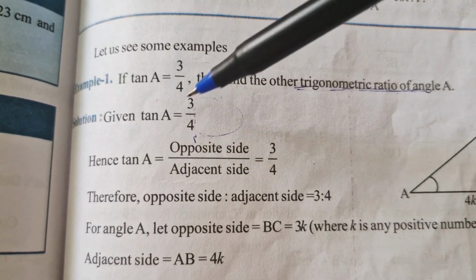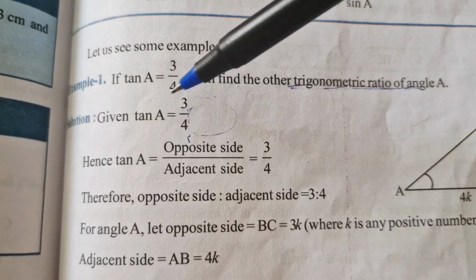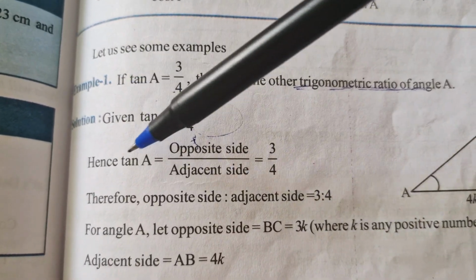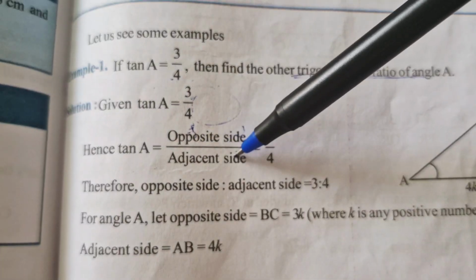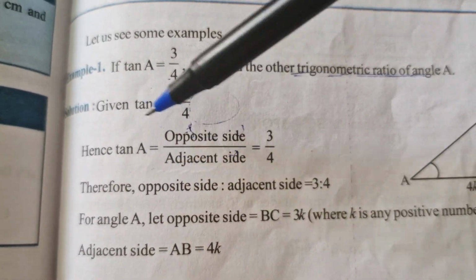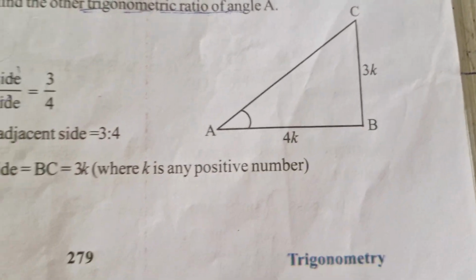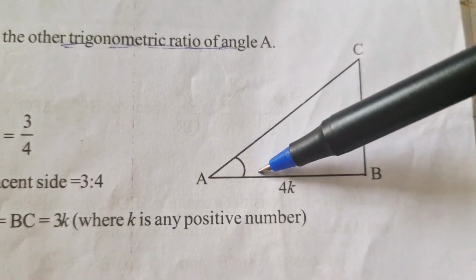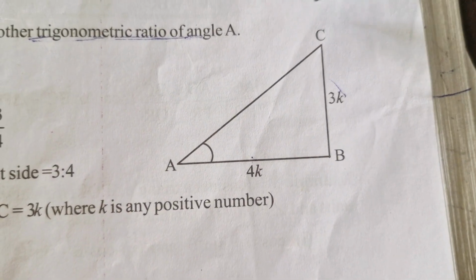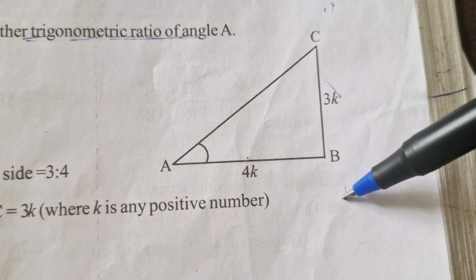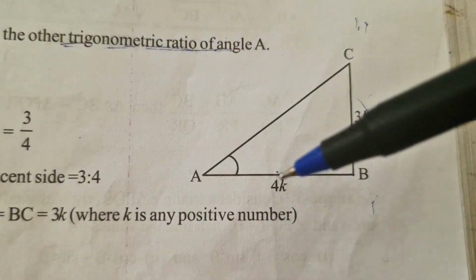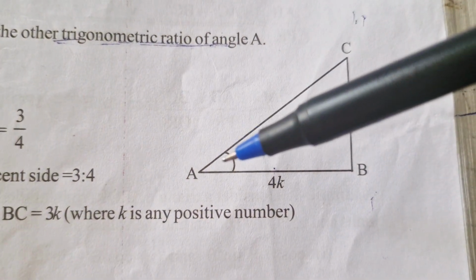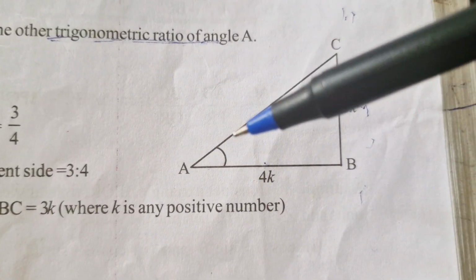So here they have given tan A is equal to 3 by 4. We know that tan theta is equal to opposite side by adjacent side. Here they have given angle A, so let us see the angle A. The opposite side of angle A is 3K. See, BC is the opposite side of angle A, so it is 3K. And the adjacent side of angle A is AB, so it is 4K.